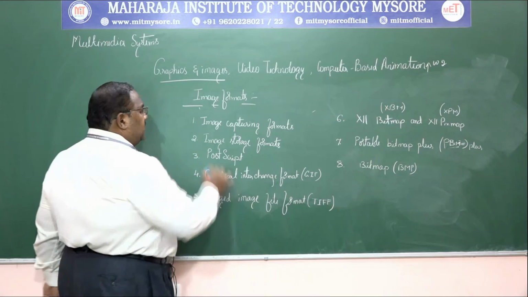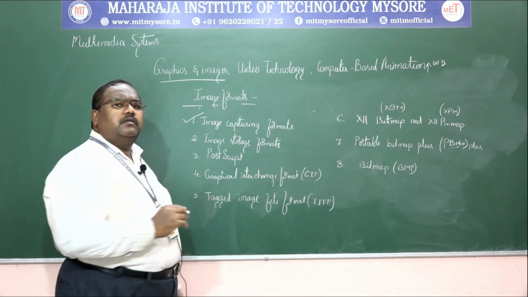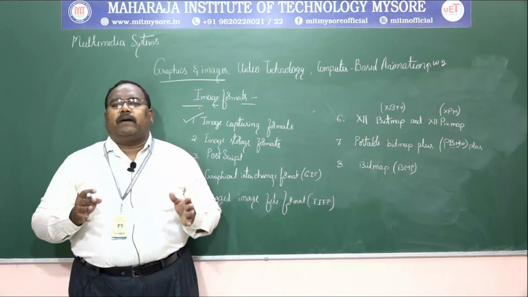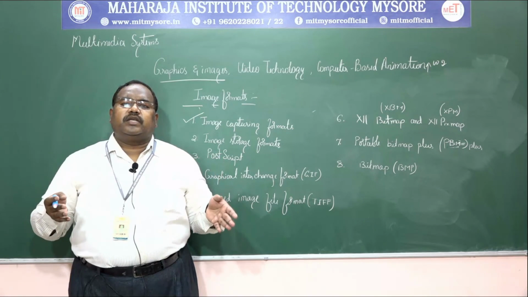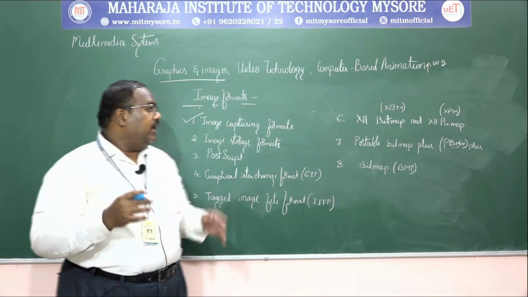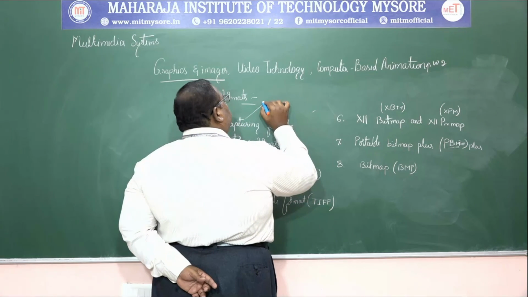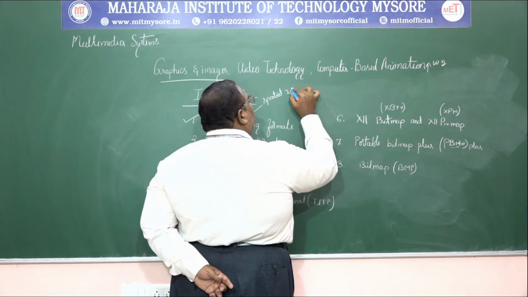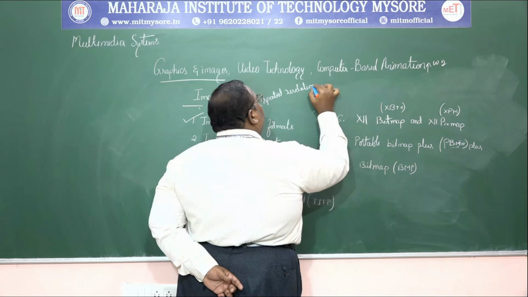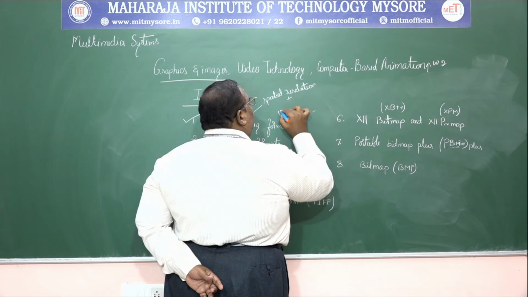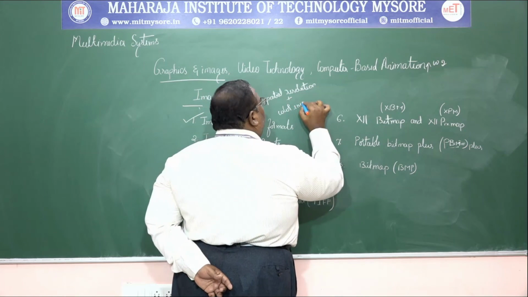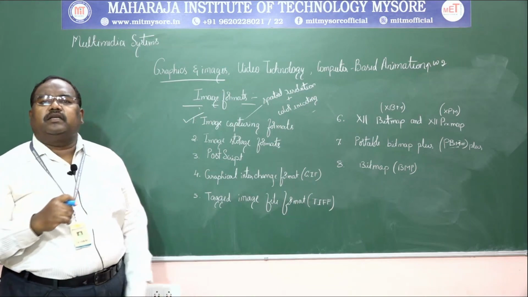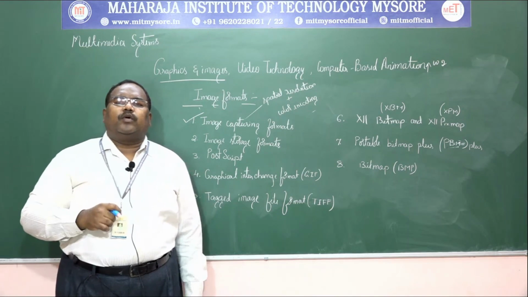So what is this image capturing format? When we talk about image capturing, the format of an image is defined by two parameters. One, the spatial resolution, and second one is color encoding. So these are the two important parameters that we consider when we talk about the image format.